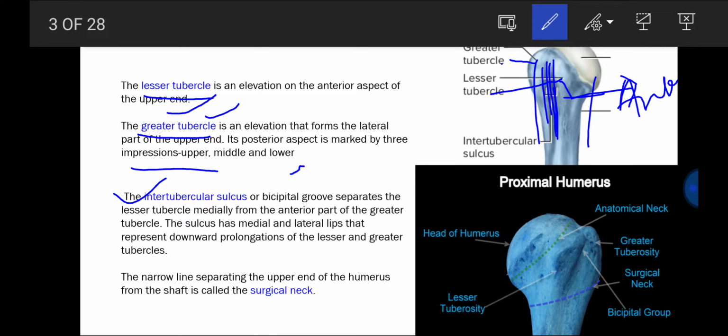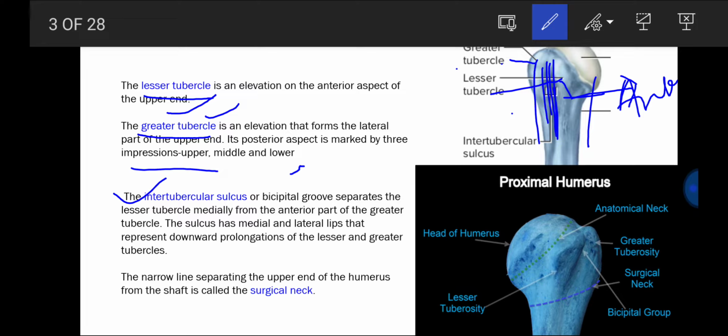Why is this term used, intertubercular sulcus? There is the greater tubercle and the lesser tubercle, and in between those there is one space which we call the sulcus or bicipital groove. It separates the lesser tubercle medially from the anterior part of the greater tubercle.